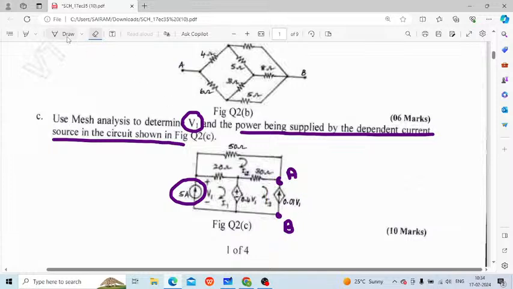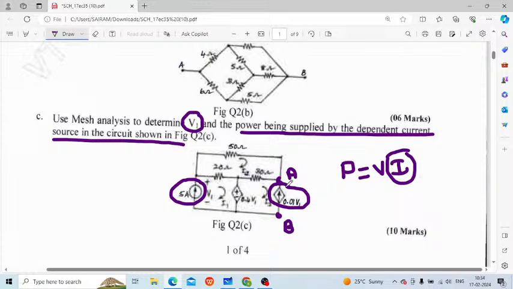So what is the power formula? Power formula is nothing but voltage into I, V into I. What is I? I is 0.01 V1. What is V? V is nothing but VAB.